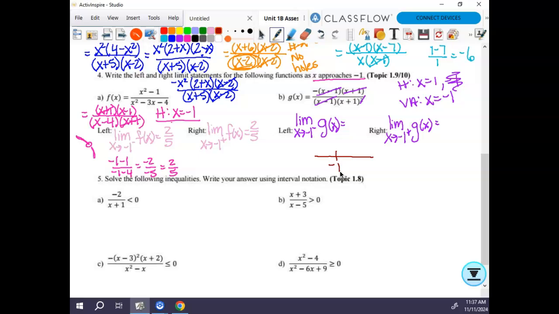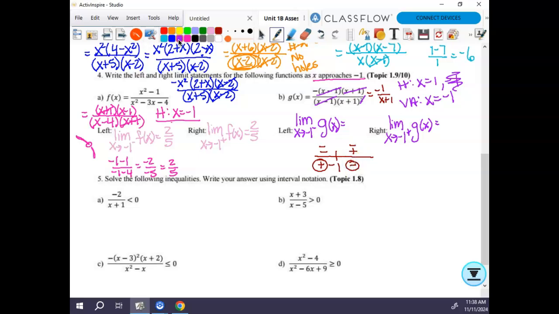So using my reduced version, which would be negative 1 over x plus 1, numerator is negative no matter what. Denominator, let's say we put in a -2, so that would be -2 plus 1, that would still be negative, so that is positive overall. And then if I put in 0, it would be negative over positive, which is negative overall.